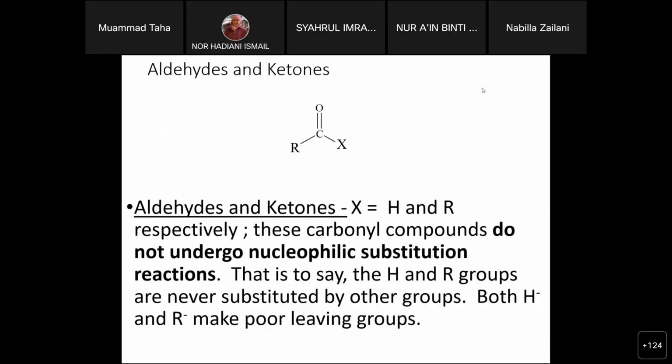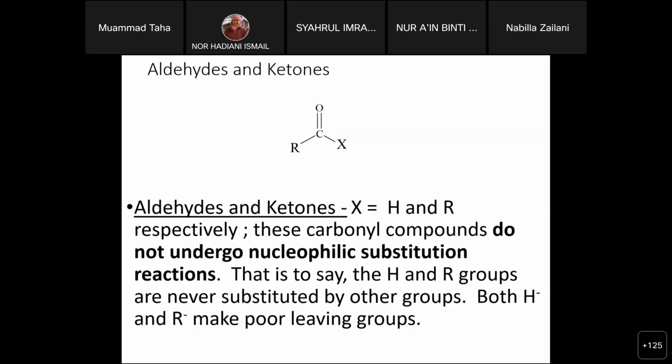Aldehydes and ketones have hydrogen and carbon chains, which are not very stable when a negative charge is put on them, so they can never work as a leaving group. So we cannot expect these two groups to undergo a nucleophilic substitution reaction. So we can say that aldehydes and ketones do not undergo nucleophilic substitution reactions, while the other carboxylic derivatives can do these reactions.